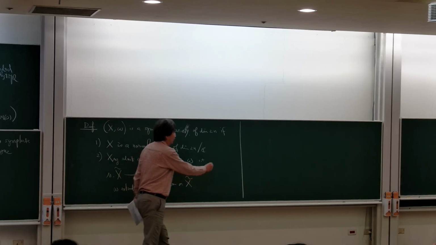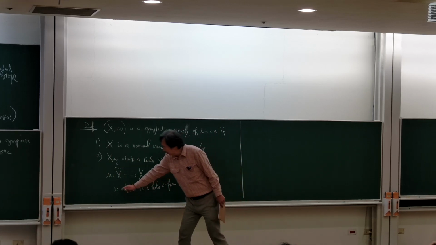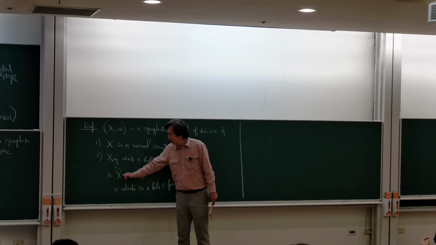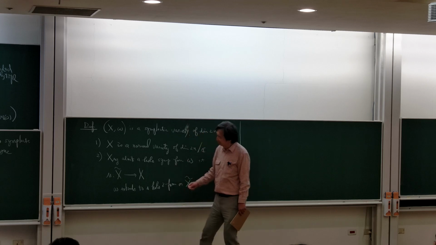A remark: this omega is a holomorphic 2-form, but may degenerate along the exceptional locus.